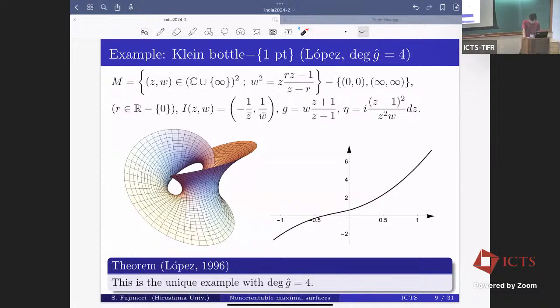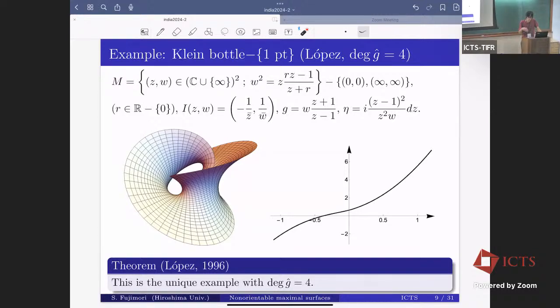Here we have one parameter, R. Then he could show there exists a unique R so that this gives a well-defined minimal surface. In the proof, yesterday I gave some explicit construction of a maximal surface.